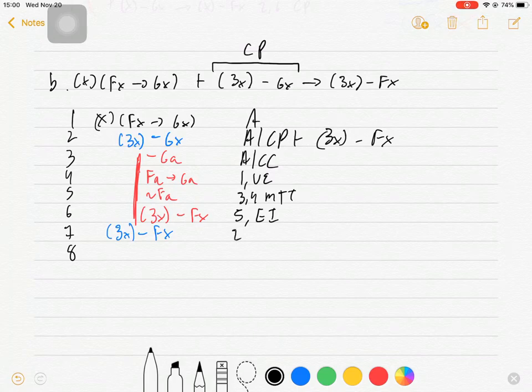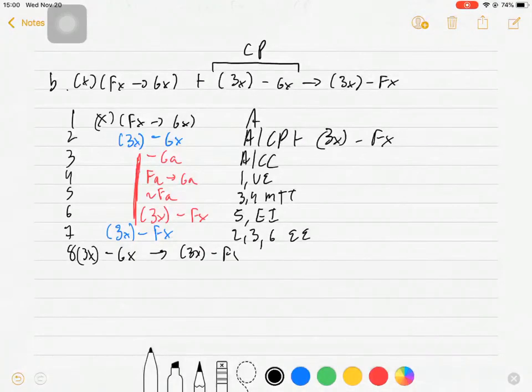Then we cite line 2, line 3, and line 6 and write down EE. Then we're going to be able to discharge out for our conditional proof. We've shown that there exists x negation gx leads to there exists x negation fx. 2, 7, conditional proof. Then we can go back and fill in our assumption numbers.